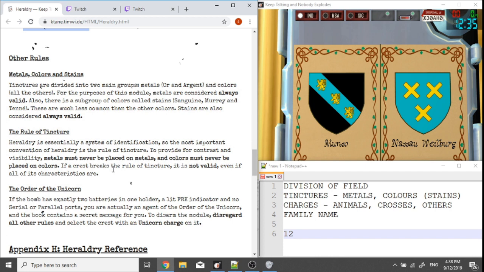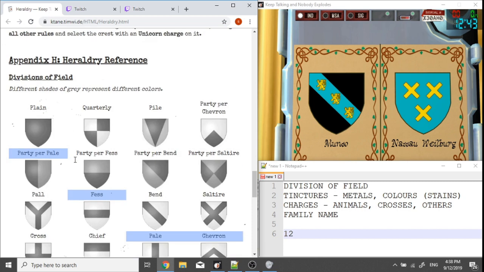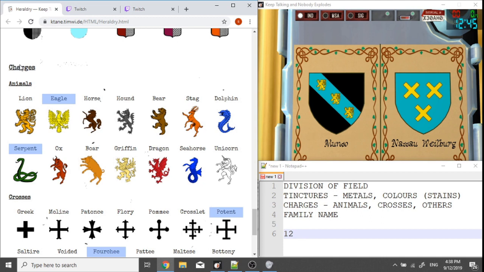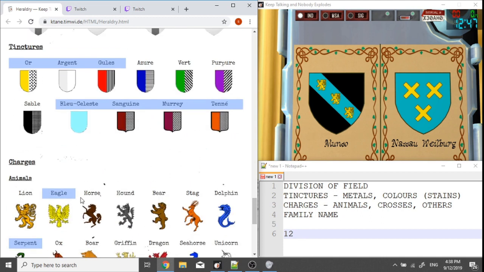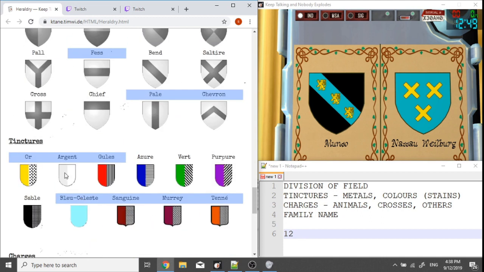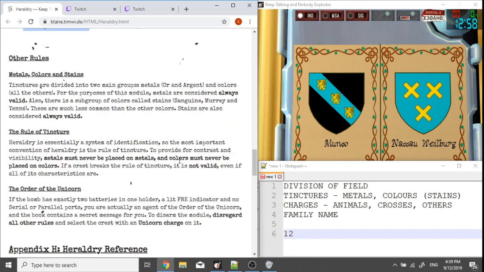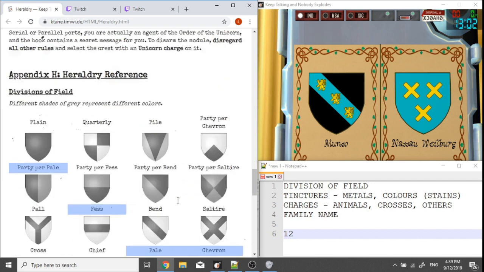There's another rule. Metals must never be placed on metals. So what that means is we cannot have a charge that is colored in or or argent placed on a field which is or or argent. Colors also must never be placed on colors.